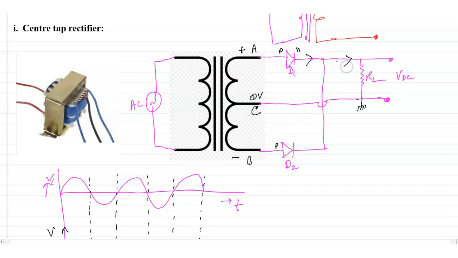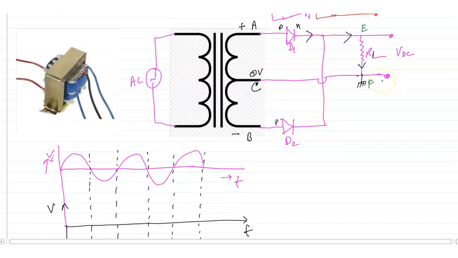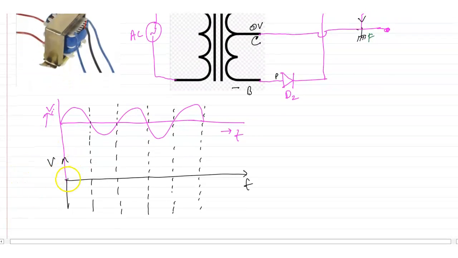It has to go along this side, through E to F. Okay. So for the first half, we can get the output signal like this.